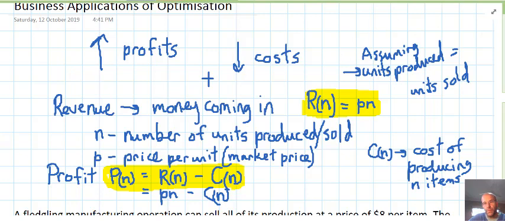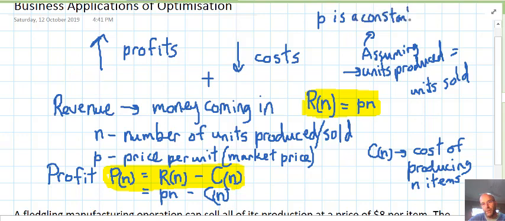Before, we said we're assuming the units produced equal the units sold. We also need to assume that little p is a constant. That doesn't always happen in the real world either, but in this simple example it does. So the number of units you sell does not impact the price. p is constant, independent of n, so it's not affected by the number of units sold.